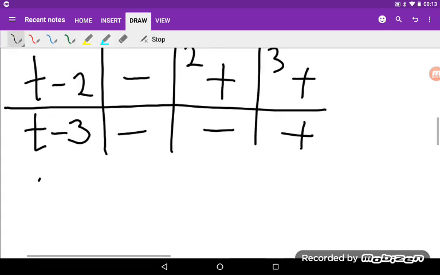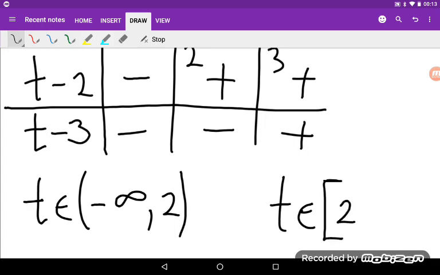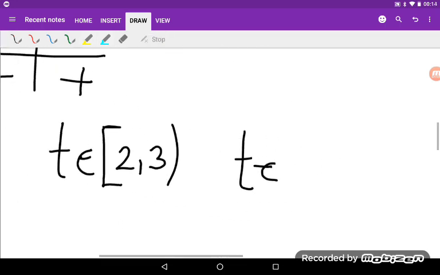The first interval will be from negative infinity to number 2. The second interval will be from number 2 to number 3. And the third interval will be from number 3 to positive infinity.